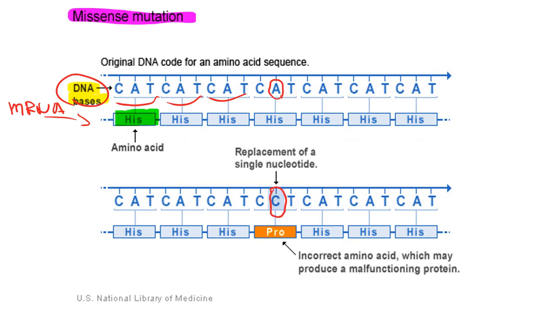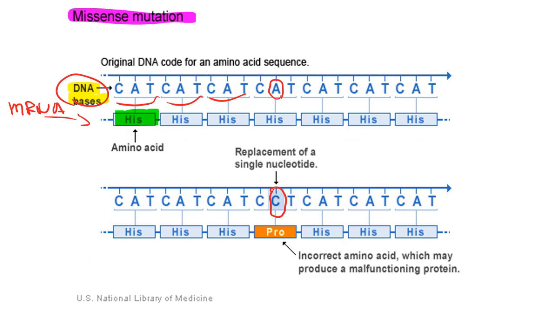Or sometimes it is in the process of making mRNA from a DNA template, and in this case the RNA polymerase would add a C right here. And those mistakes can happen all the time.